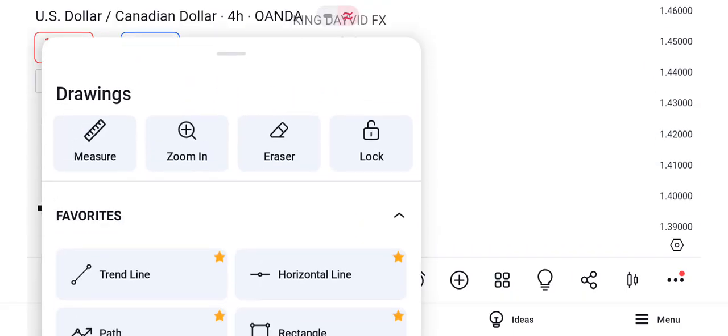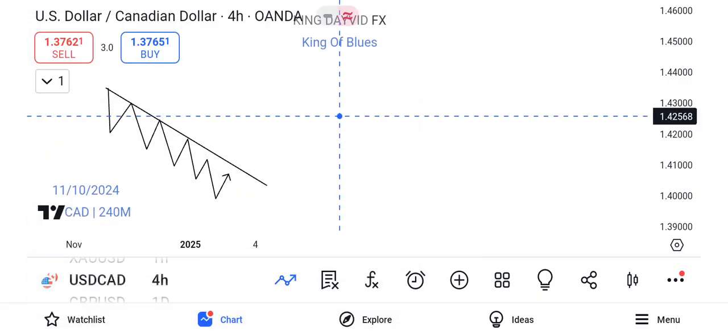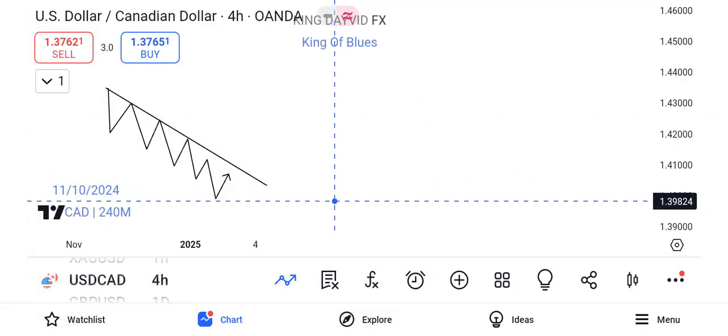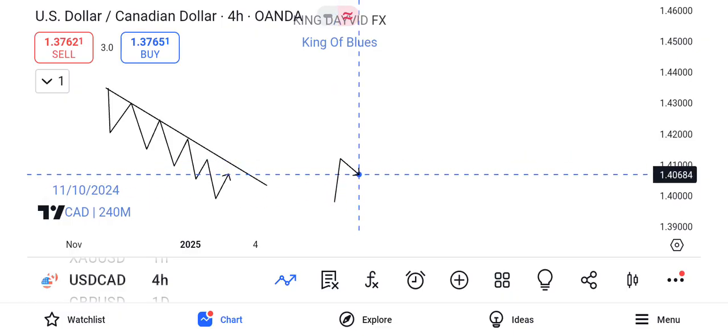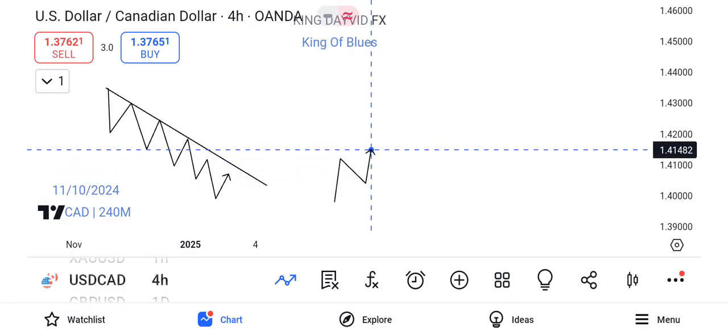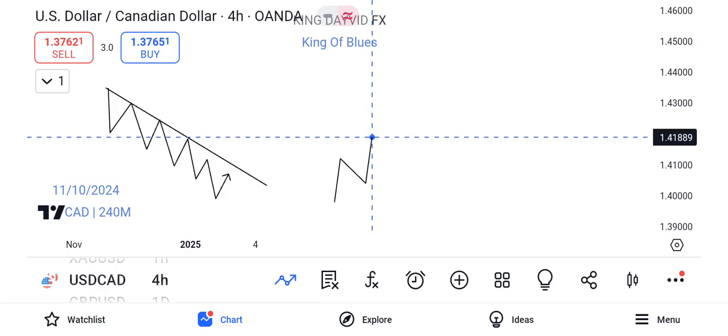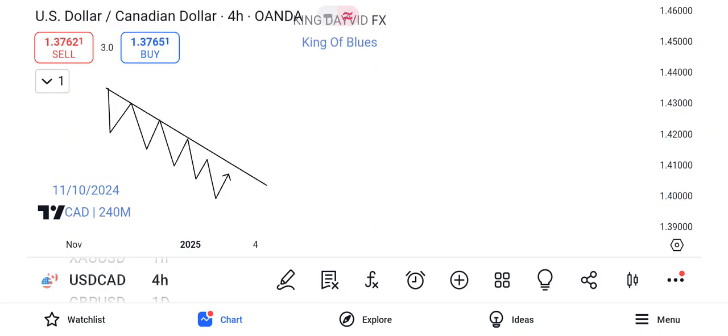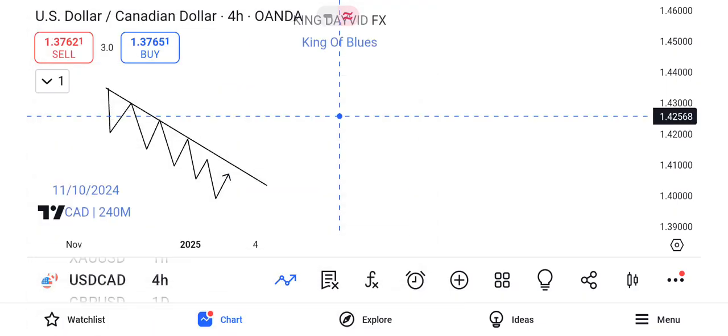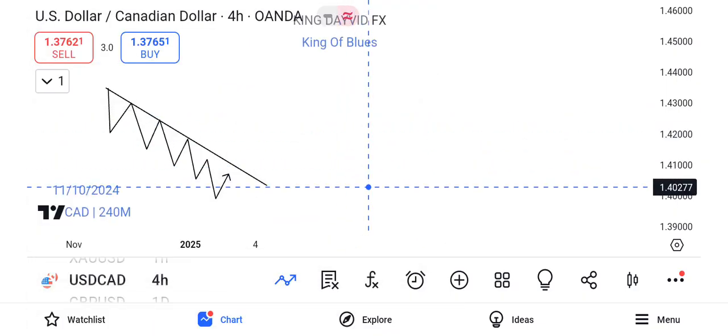So let me give us an uptrend. It's just the opposite of a downtrend. The price moves up, then retraces back, moves up, then retraces again. This is the formation of an uptrend.